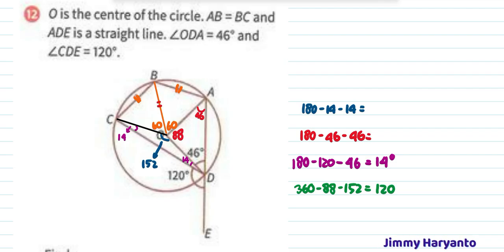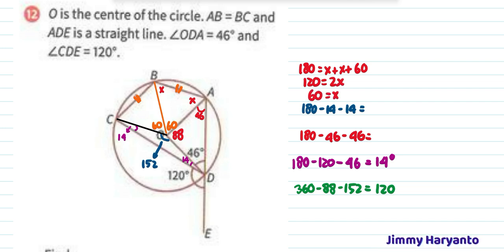This one is radius. That means this one will be the same, x and x. So to find the x, use the triangle. 180 equals x plus x plus 60. So 120 equals 2x. So x equals 60. So this one is 60.